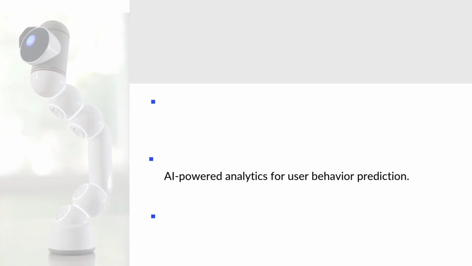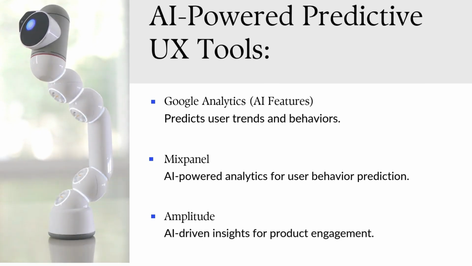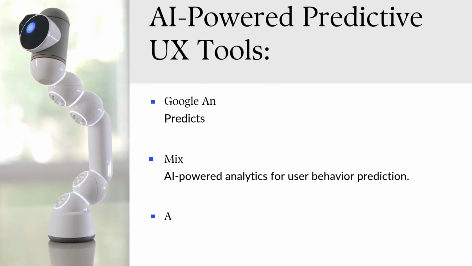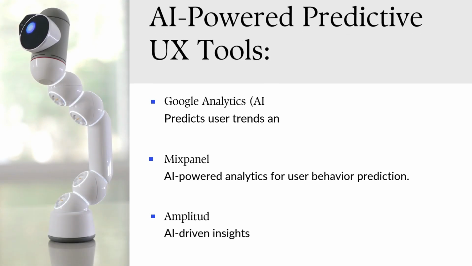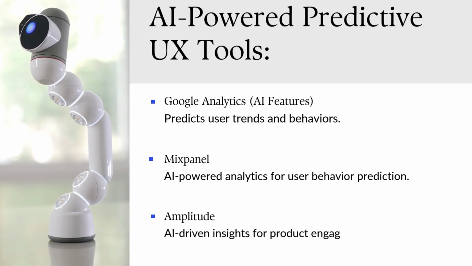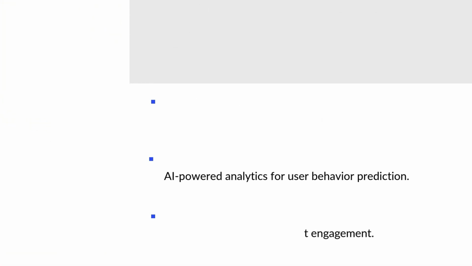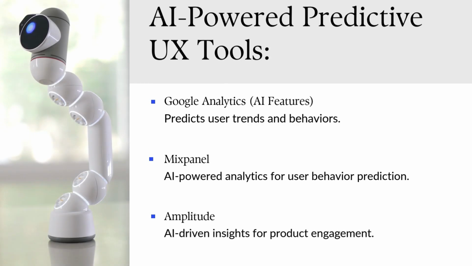Next on our list, we have Mixpanel. Mixpanel is an AI-powered analytics tool for user behavior prediction. Next on our list, we have Amplitude. With Amplitude, we can have AI-driven insight for product engagement.